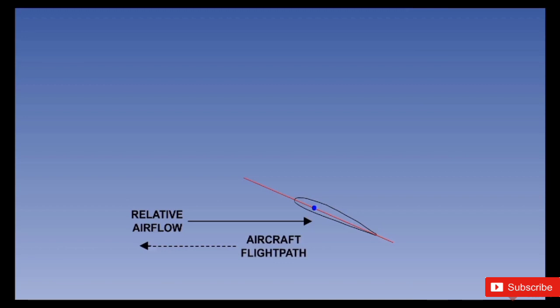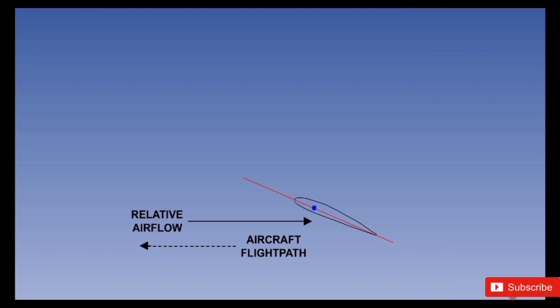The relative airflow, or relative wind, or free stream flow, is the direction of the airflow produced by the movement of the aircraft through the air and has three characteristics. First, its direction is opposite and parallel to the flight path, which is the direction taken by the center of gravity of the aircraft.